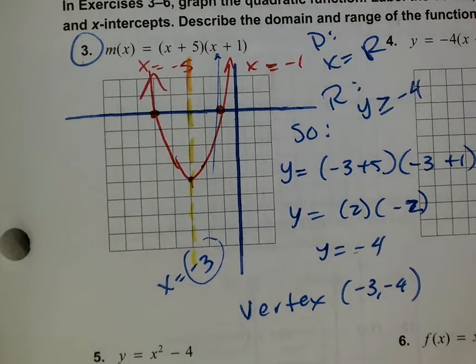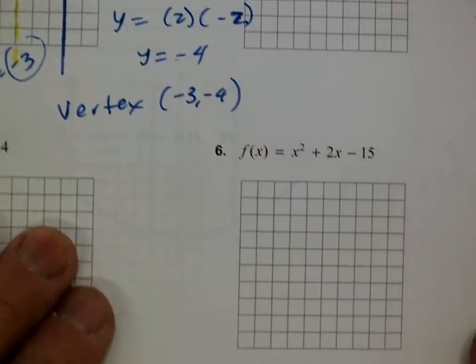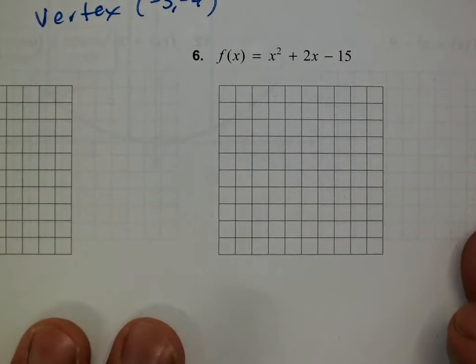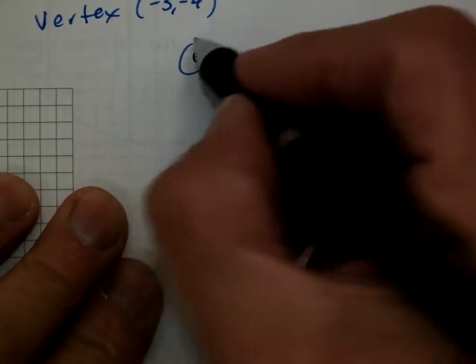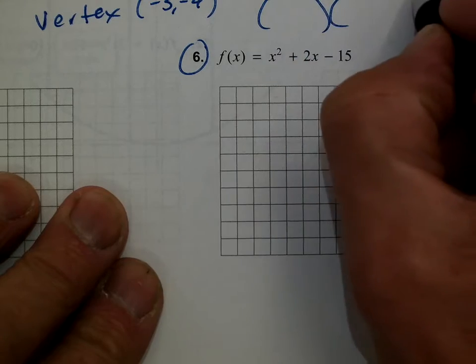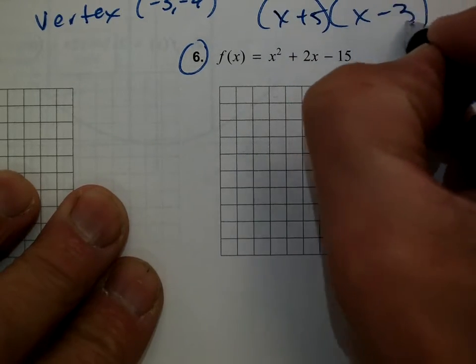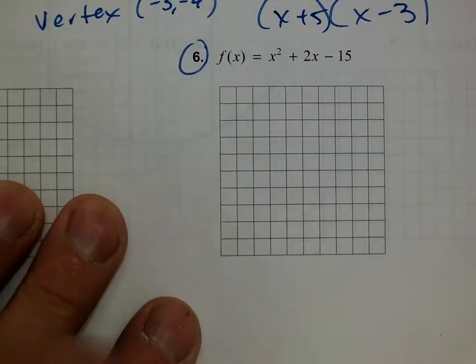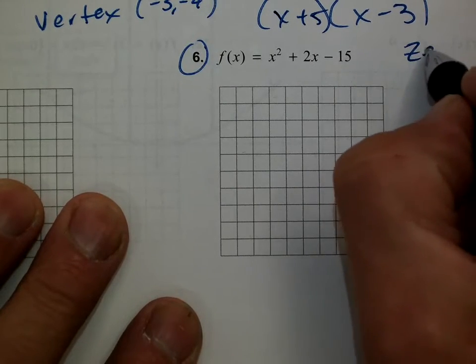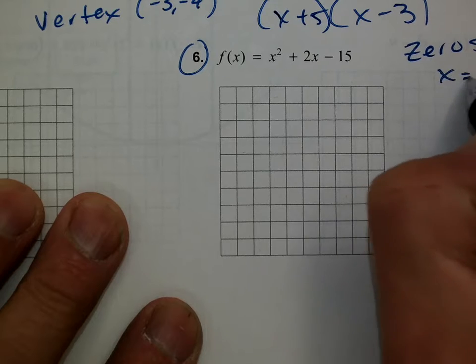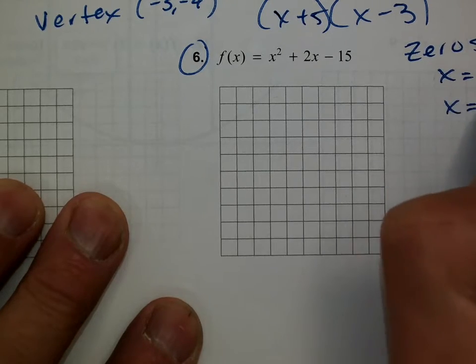Now let's look at 6. 6 is the same problem, it just hasn't been factored yet, right? So on 6, if I factor it first, I get x plus 5, x minus 3, right? So then my zeros are at x equals -5 and x equals +3.